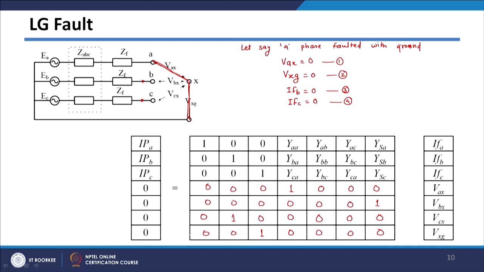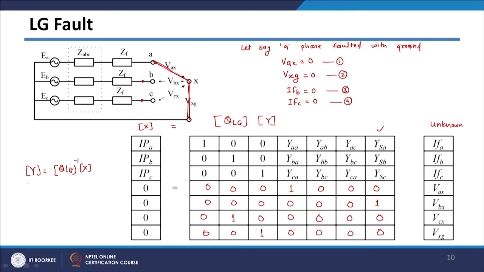So here we have got this system of matrix where this is unknown. We can say this matrix is something like this. So I can say X is equal to this matrix, Q corresponding to the LG fault, multiplied by this unknown matrix, say Y, and then you can get Y which will be equal to Q LG inverse into X, and as I told you Q LG is actually known.